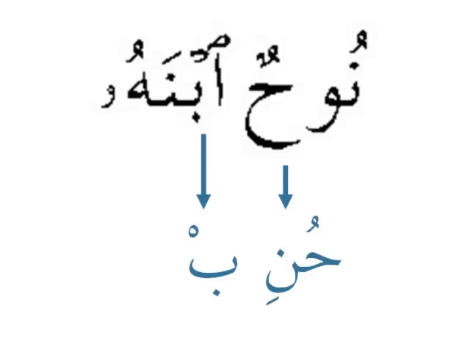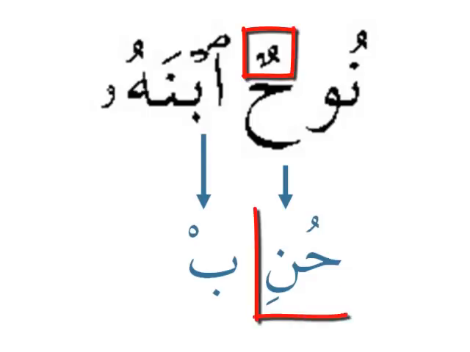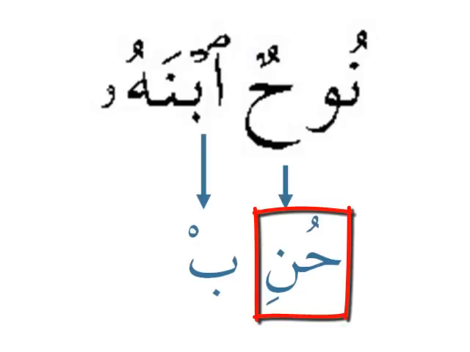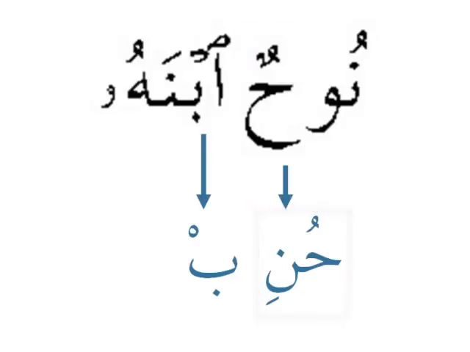So it's going to be hunib. So again, that is the dhammatain or the tanween dhamma. Changed, instead of hun, we now say huni. Huni. That joins to the ba, because remember we totally ignore the Hamza-Tul-Wasl. So it becomes hunib.